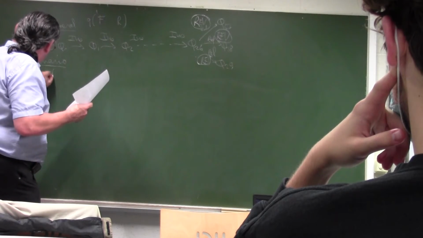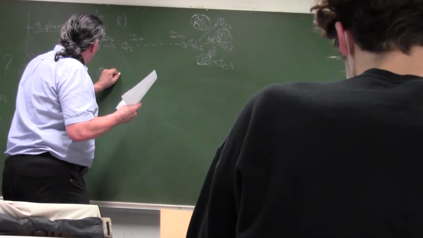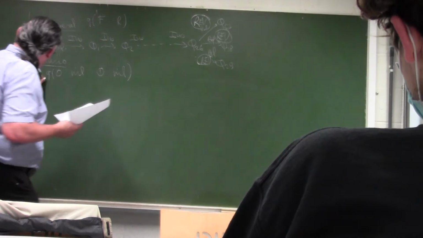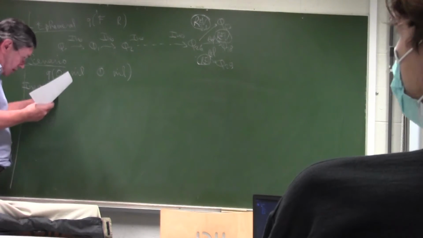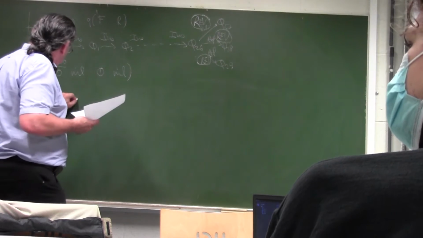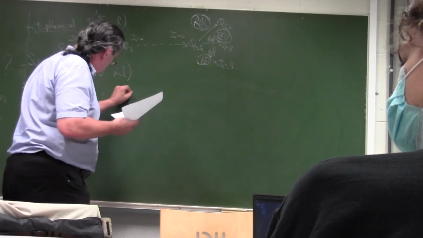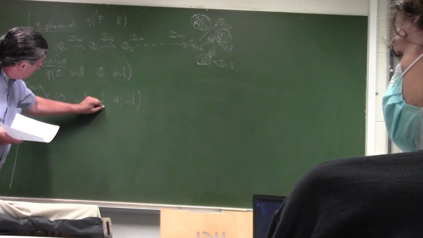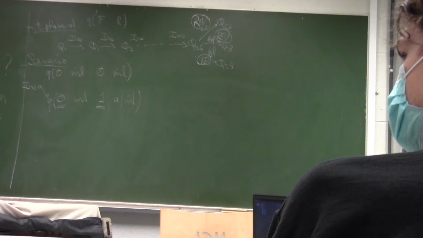Okay, so I start with 0, 0, 0, 0. And now I do an insert of A. Then I get 0, 0, 1, A, 0. Okay. And now we're going to say we're going to do the reverse first.